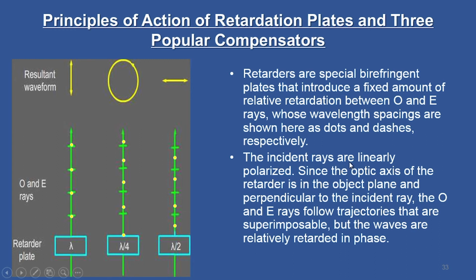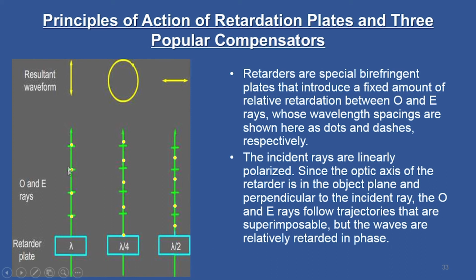The incident rays are linearly polarized. Since the optic axis of the retarder is in the object plane and perpendicular to the incident ray, the ordinary and extraordinary ray follow trajectories that are superimposable, but the waves are relatively retarded in phase.